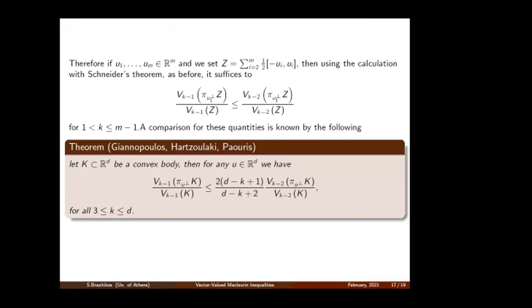The first disadvantage is that this is a theorem for all convex bodies, while here we ask only something for zonotopes. And of course, if you're looking at all convex bodies, then you lose something in the constant. But the constant here is not that bad. It can be bounded by an absolute constant which is smaller than 2.